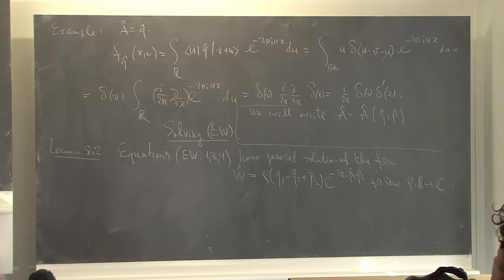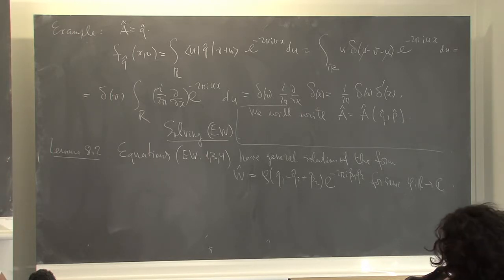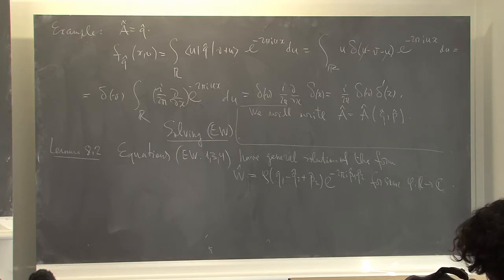So that's the first part of solving the system EW. So 3 equations out of 4 fix the operator up to a functional ambiguity.